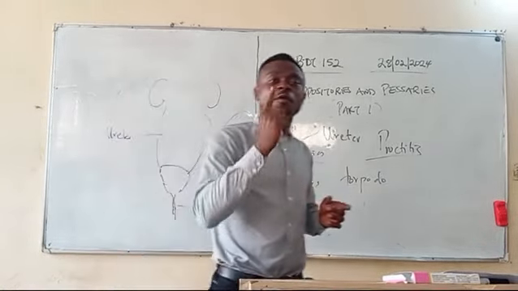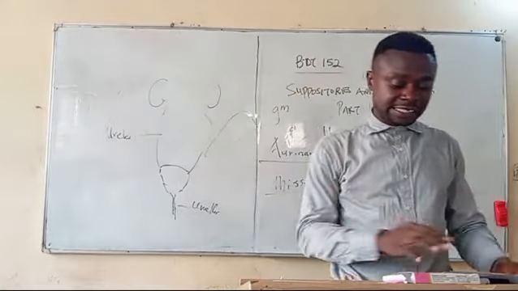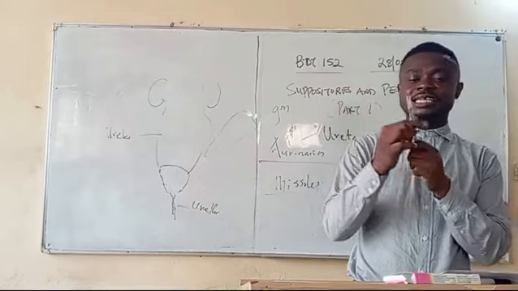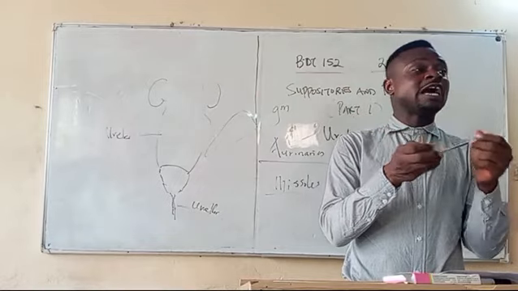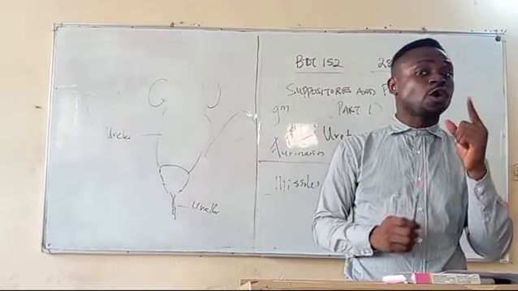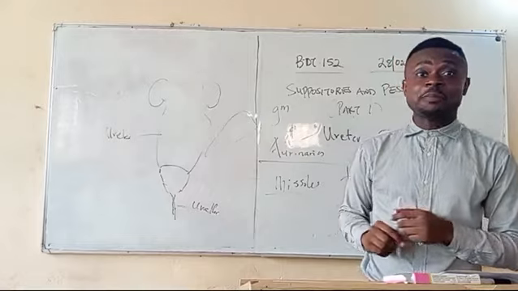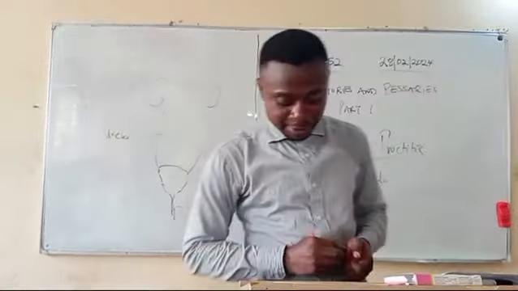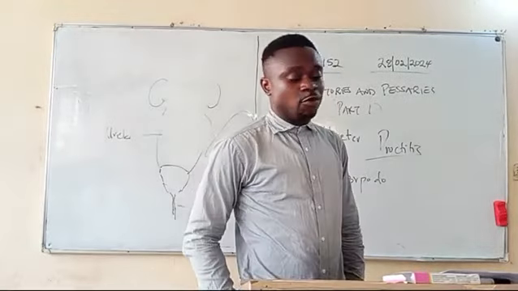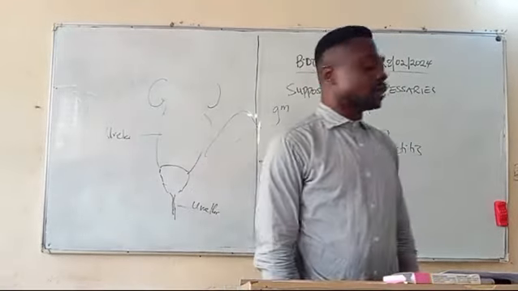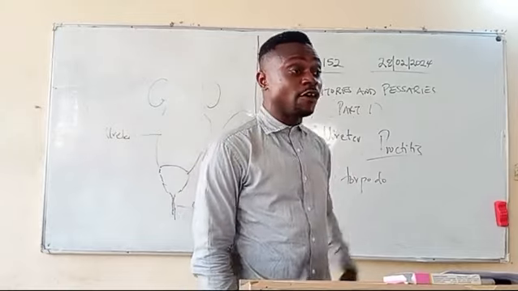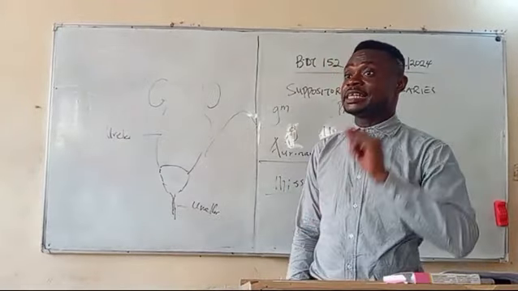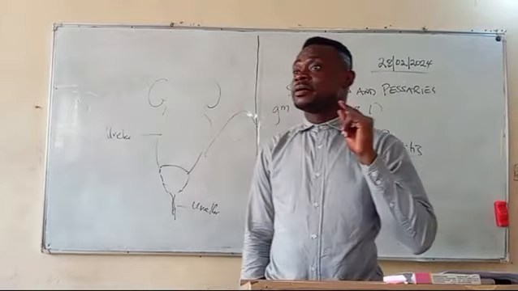Remember I told you that the male urethra is longer than that of the female. Not just longer, it's longer and wider. Because of that, the urethral suppository for males weighs around 4 grams and is around 100 to 150 millimeters long.